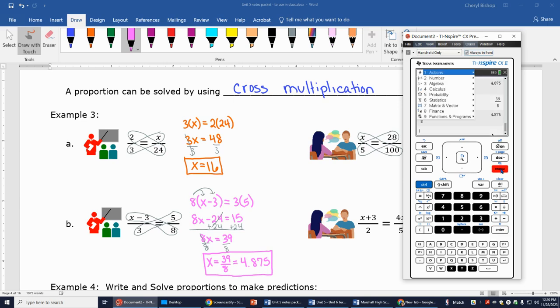And when you go to Menu, this second option here, Number, the very first two are real helpful if you need to convert something to a decimal or take it backwards to a fraction. The first one will take your fraction and turn it into a decimal. The second one will take your decimal and turn it into a fraction. Okay, so that's just a helpful little hint there.